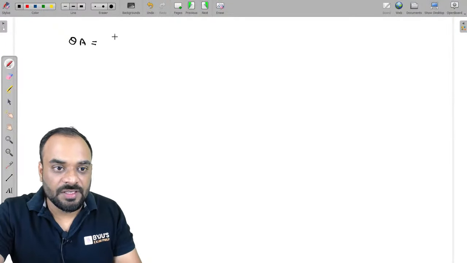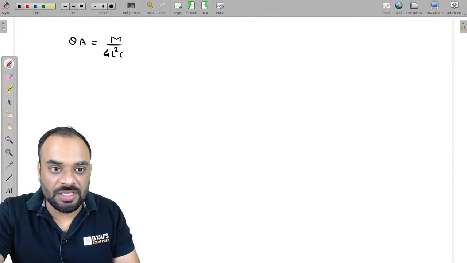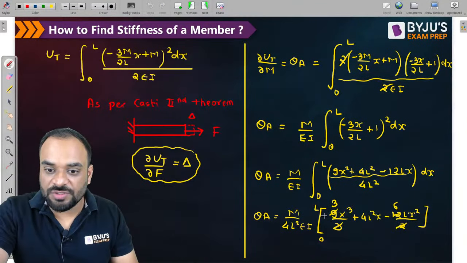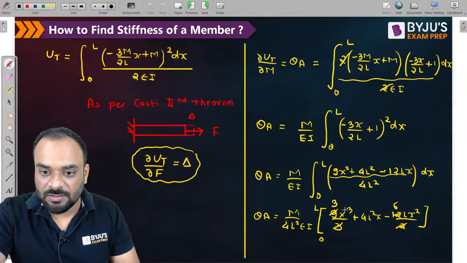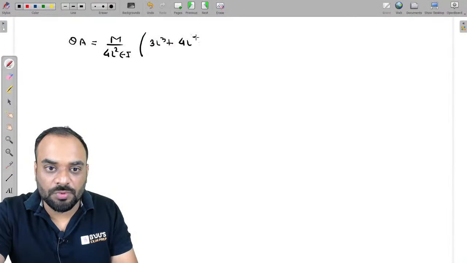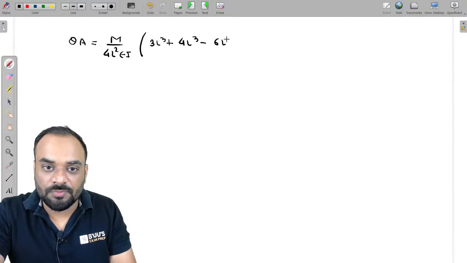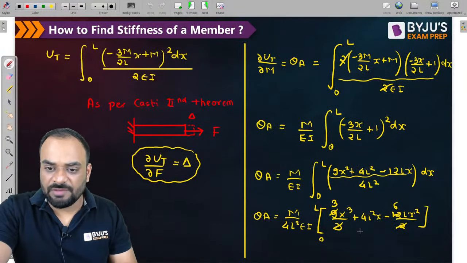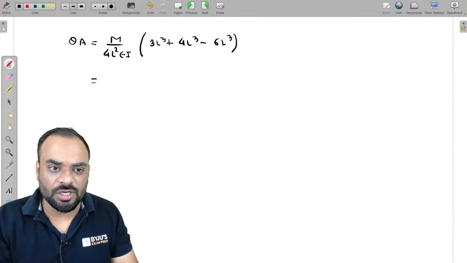Tell me guys. Theta A is equal to M by 4L square EI, and this value is how much? 0 to L. So guys, this is 3L cube plus 4L cube minus 6L cube, right? And if you put the 0, it will be 0, right? So we don't have to put the lower limit, it is not required.